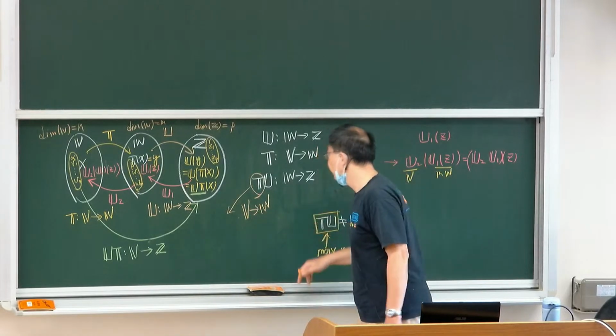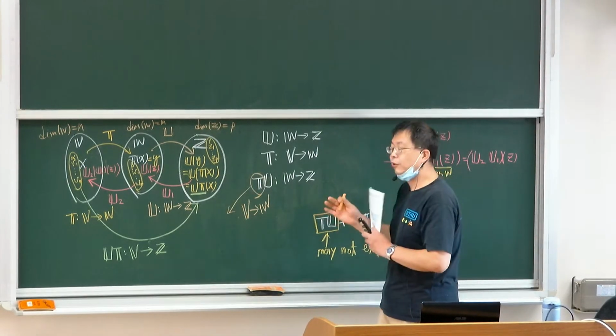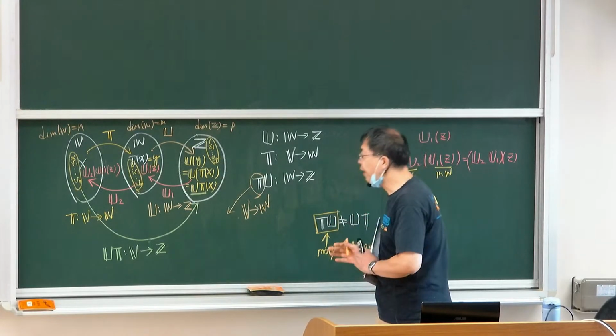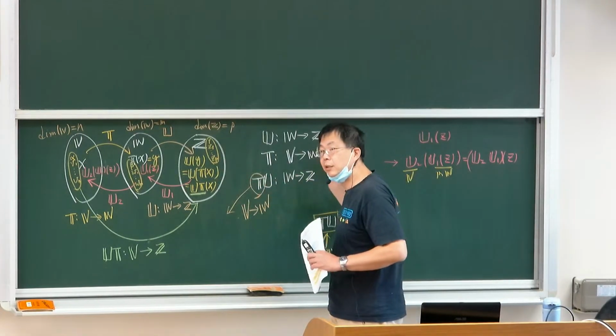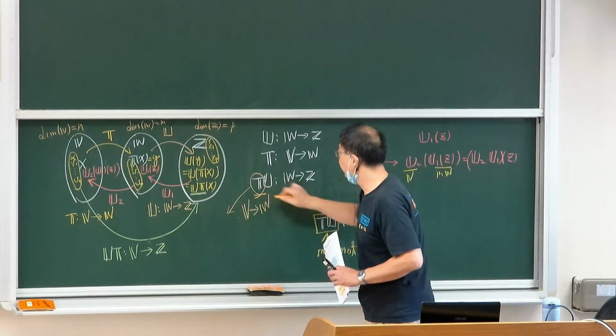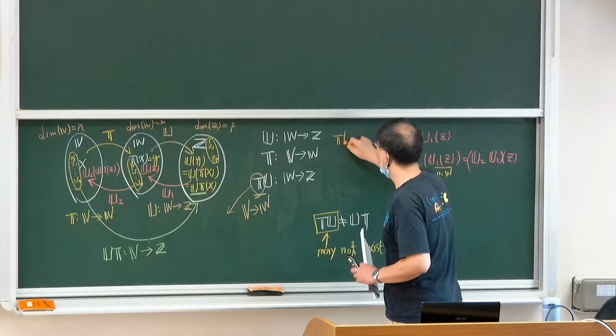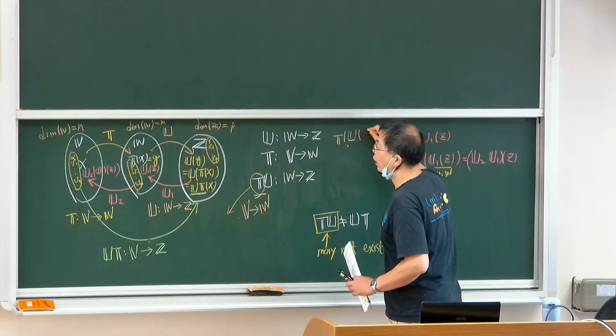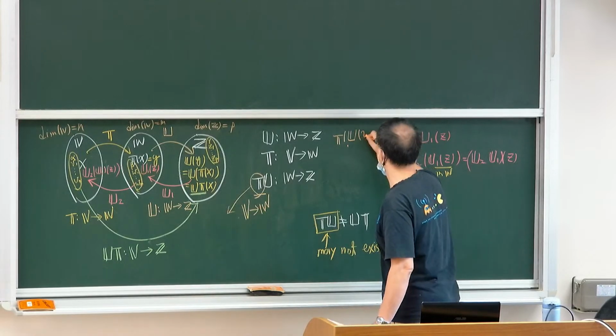It's not transforming any vectors from Z to any other vector space. So we transform TU, for example, UW.